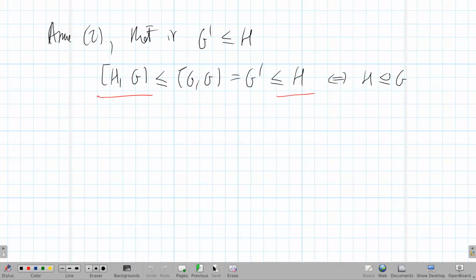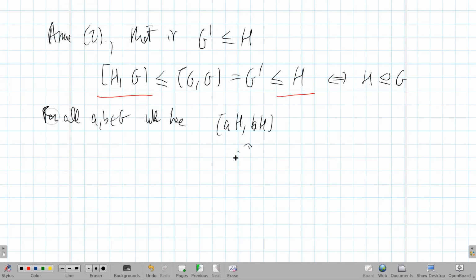And now we have to prove the other thing, that G over H is abelian, but this is not complicated because, let's say, for all A, B in G, we compute this in the quotient group, because now we know that H is normal, and this equals the class of the commutator of A and B times H. But this is something in G prime, and by assumption G prime is contained in H. So what's this class?